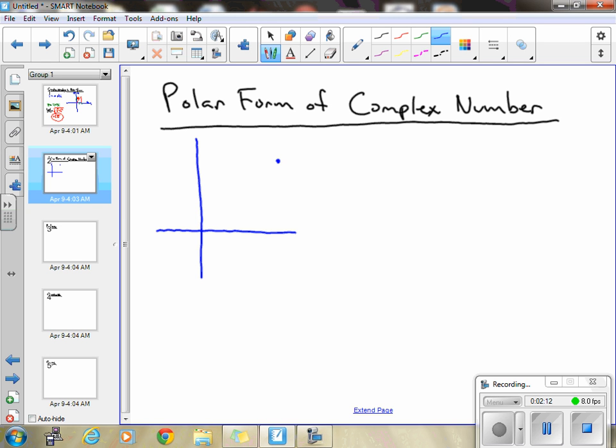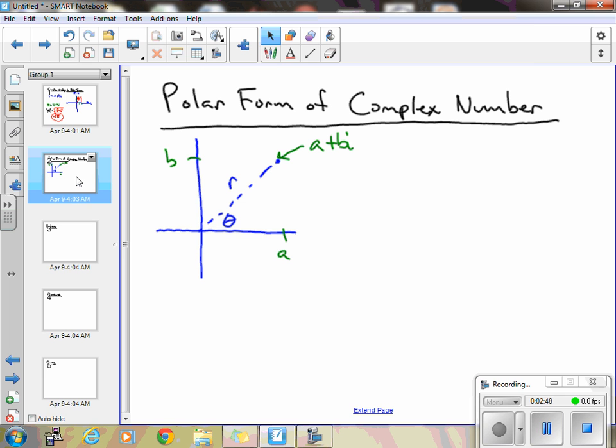Say that we have a point in the complex plane, and that distance from 0, let's just say it is r, where this is theta, and we have the number a on the real and b on the imaginary. So this point represents the number a plus bi in the rectangular coordinate system.